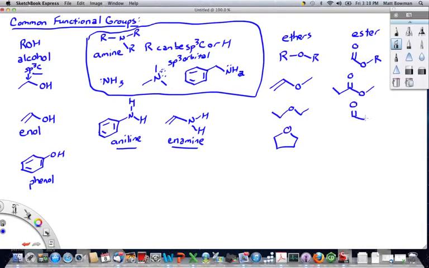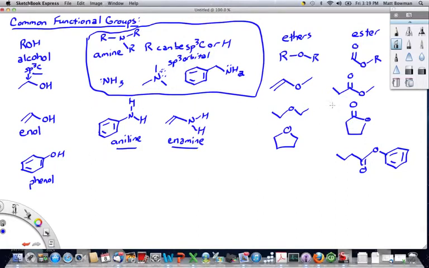Esters can be part of a cycle, like so. And here's another ester. It's called a phenolic ester, but all of these are esters. So we have ethers, esters, amines, and alcohols.